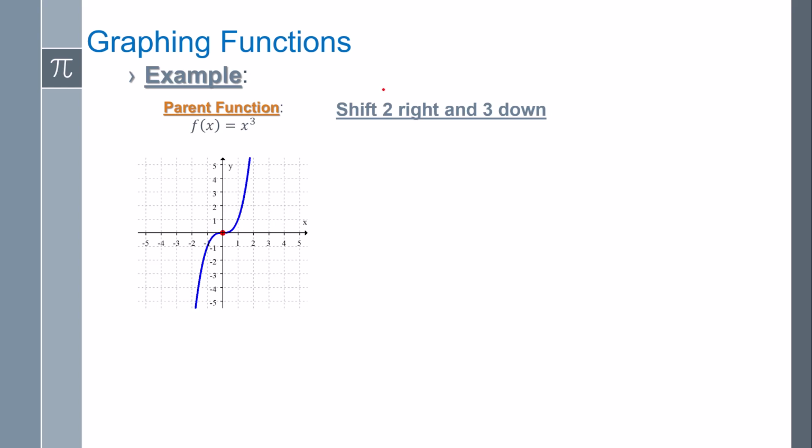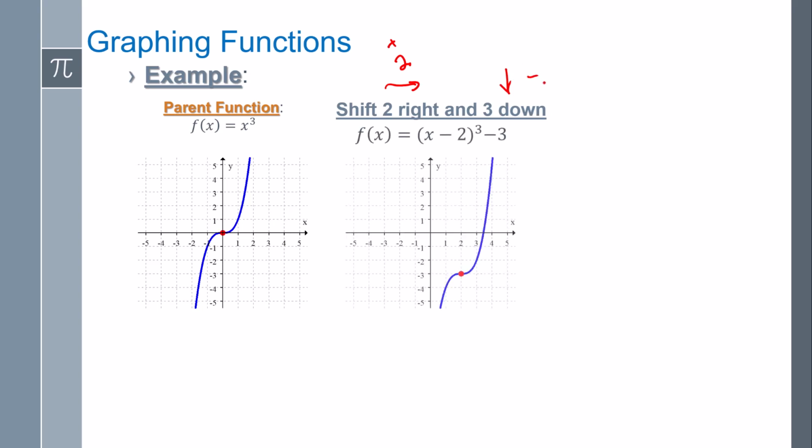Well, because we're shifting to the right 2 spaces, to the right is positive. The opposite of positive is negative, so that's why it's x minus 2. And if we're shifting down, vertical shift, you do the same, so that's going to be minus. So x minus 2 cubed minus 3. Started here, shifted over 2 spaces, down 3 spaces. Every single point shifted over 2, down 3. They all shifted over.